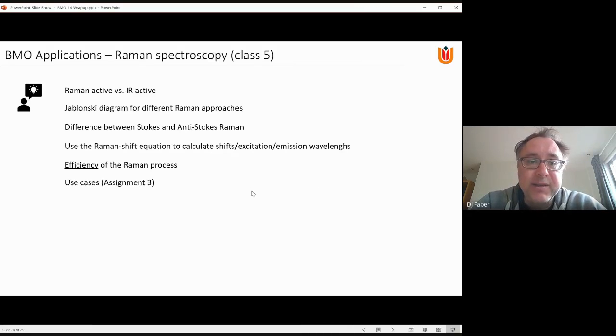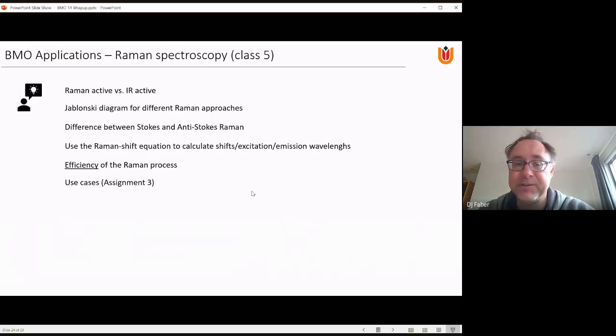Raman, also Johannes' class. I'd like you to know what the difference is between Raman activity and infrared activity of a molecule. I'd like you to be able to reproduce the Jablonski diagram for the different Raman approaches. Johannes discussed a couple of them. Most importantly, the difference between Stokes and anti-Stokes Raman.